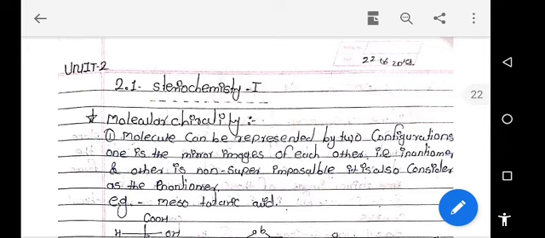What possible products will form when different types of isomers are present? Because in some reactions, some isomers show specific types of reactions, and some isomers give the same specific product. That's why stereochemistry is important.